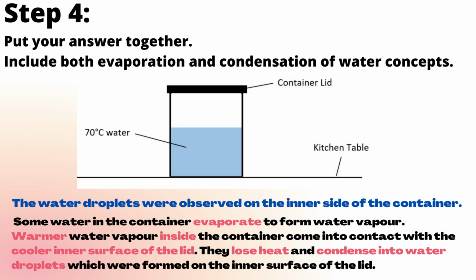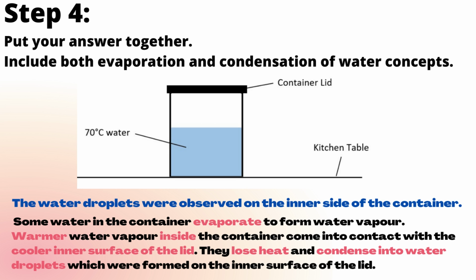Air in general is made up of water vapor, oxygen, carbon dioxide, and other gases. So just by saying air is not accurate. We have to be very clear. It is the water vapor.